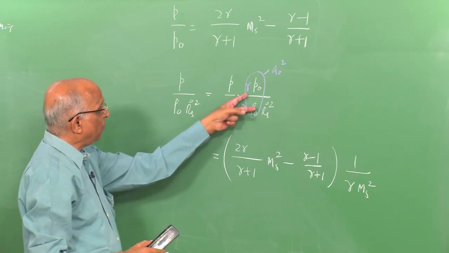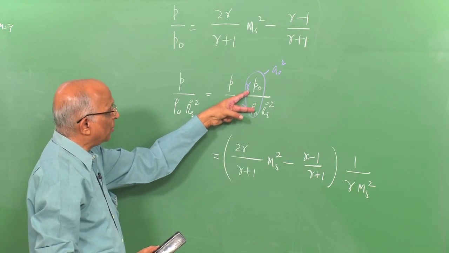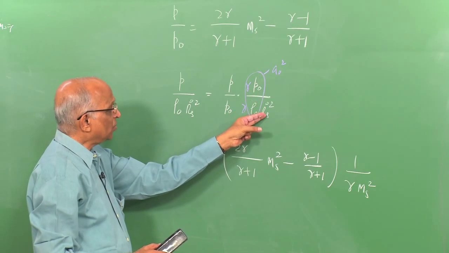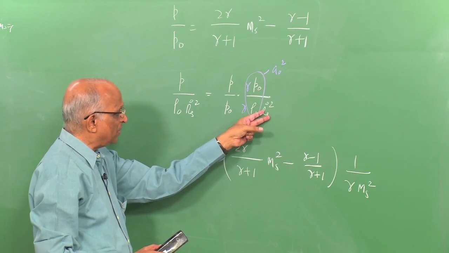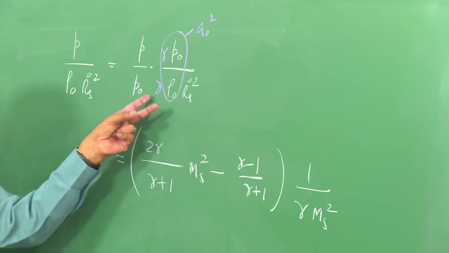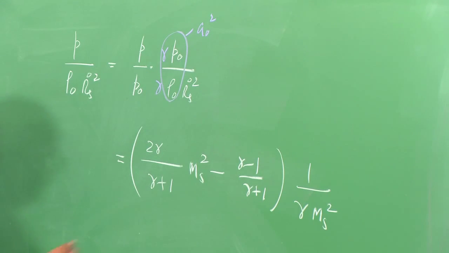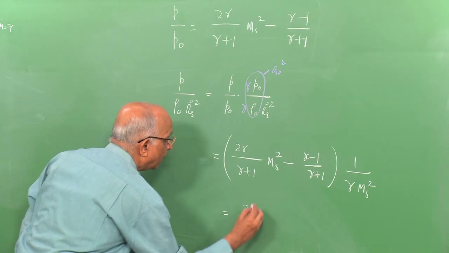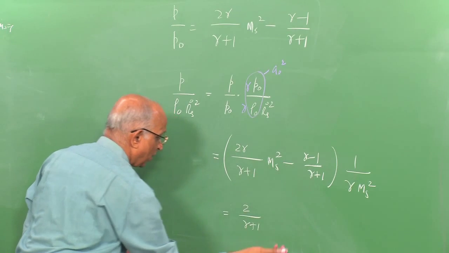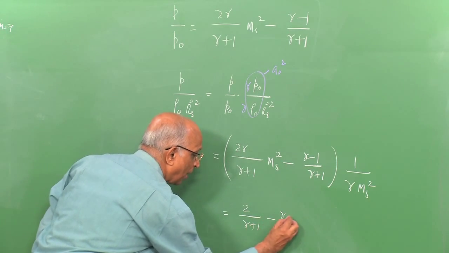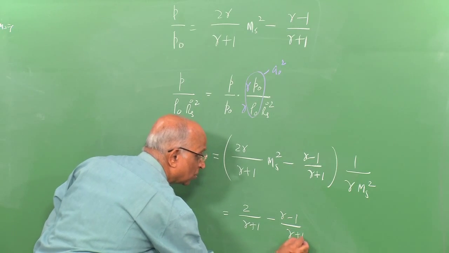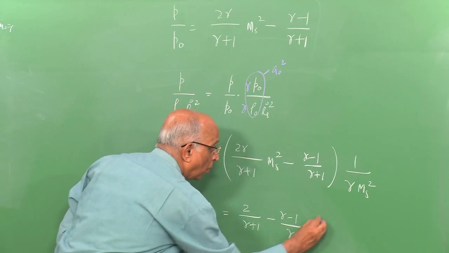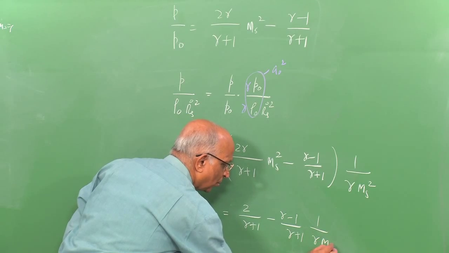Please be careful, gamma p 0 by rho 0 is equal to a 0 square, r s dot square divided by a 0 square is ms square, therefore I get ms square over here, I get gamma over here, and the expression becomes 2 over gamma plus 1, gamma cancels, ms square cancels, minus gamma minus 1 divided by gamma plus 1 into 1 over gamma ms square.